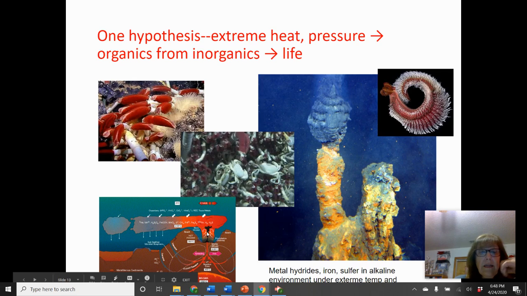Also in these ridge areas, we have what are called hot spots or black smokers. And you can see on these black smokers, this orange or yellowish stuff is really sulfurs. And these are sulfurs that have solidified into making these black smokers. We can see iron coming out of it, metal hydrides.